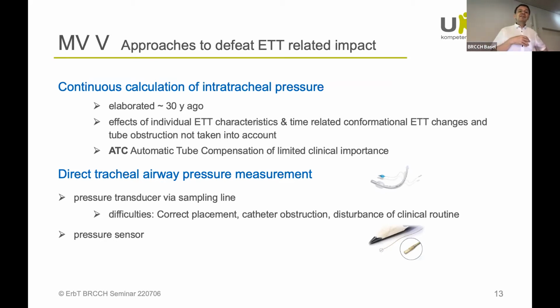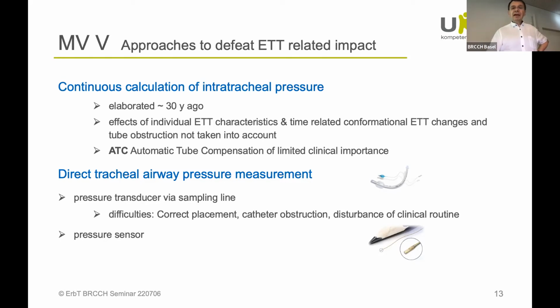However, the effects of individual endotracheal tube characteristics and time-related conformational changes like kinking or partial or complete tube obstruction were not taken into account. And this automatic tube compensation is available in many ventilators nowadays, but in the end of limited clinical importance.